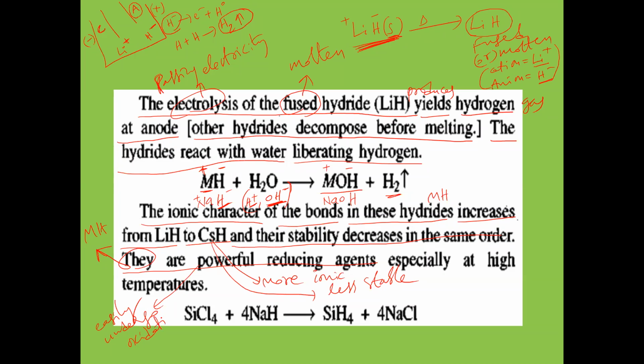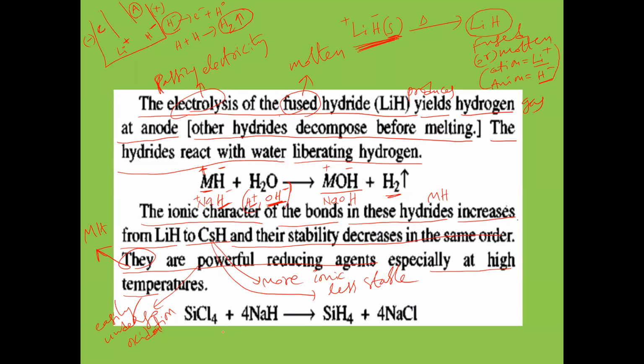If any substance undergoes oxidation easily, it will act as a powerful reducing agent. So alkali metal hydrides MH are powerful reducing agents because they undergo oxidation easily, especially at high temperatures. Is that clear?